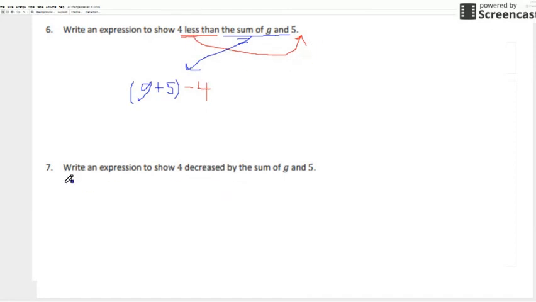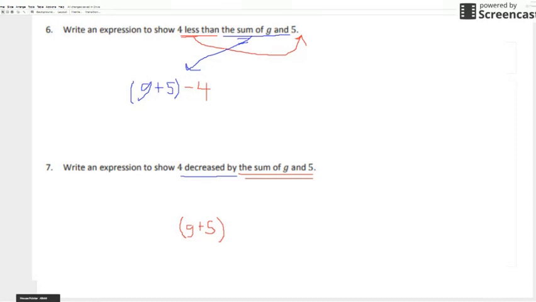If we look at this one, it says write the expression to show 4 decreased by the sum. So 4 is our number, and it's being decreased by the answer to the sum here. This is where parentheses are absolutely important. So we have the sum of g plus 5 in parentheses, because 4 is being decreased by it.